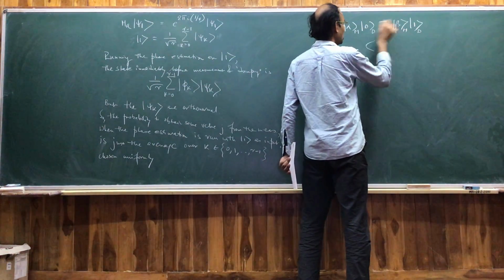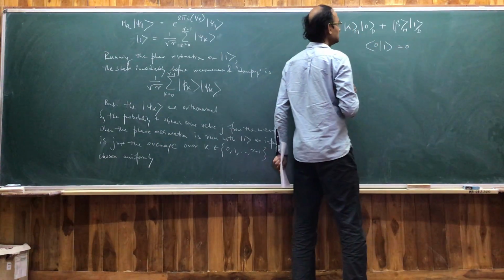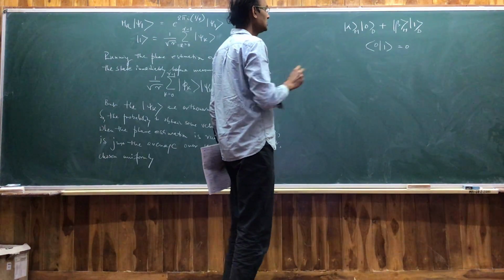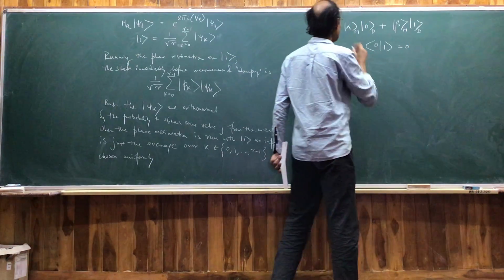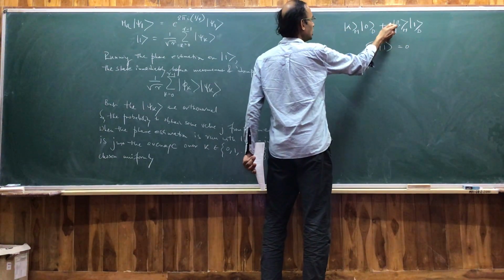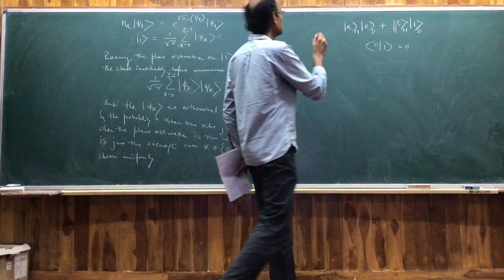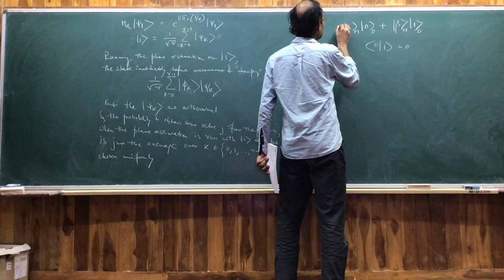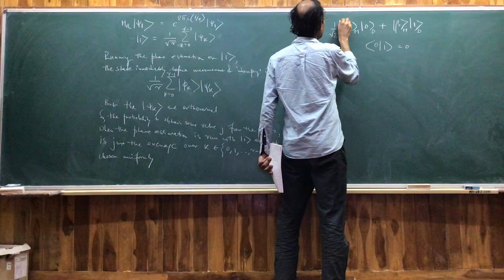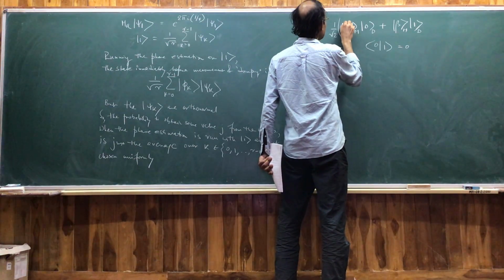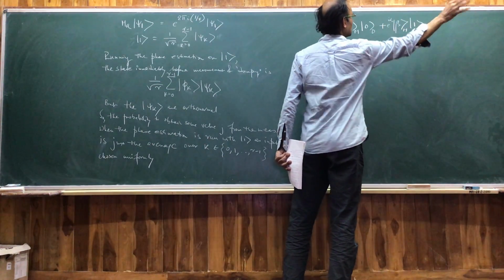These are all normalized, and the inner product of 0 and 1 is equal to 0. There can be several terms. I am stopping at this term, and there can be some phases here, but the moduli of them are equal. So here it will be 1 over root 2, and then you can put some e to the i alpha_1 and e to the i alpha_2 and so on.